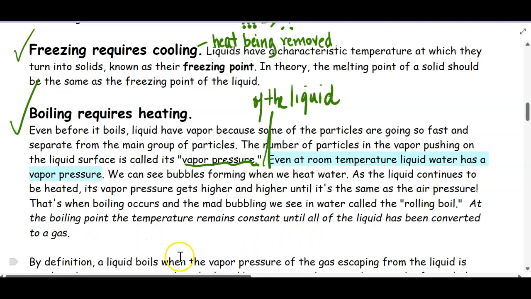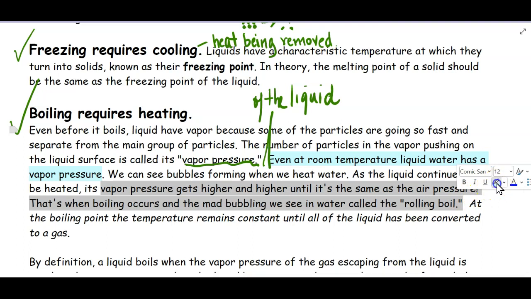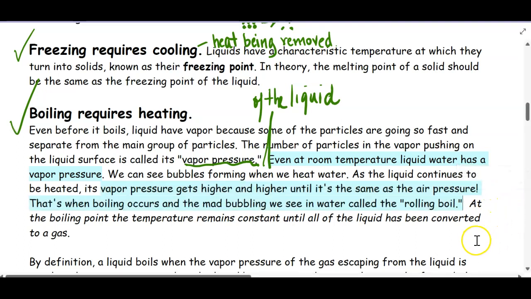So when the vapor pressure gets higher and higher and the same as the air pressure, that's when we see the rolling boil at the boiling point temperature. All right, so until then, the temperature's increased and we've gotten more and more vapor. But it isn't until we see the rolling boil of all those bubbles that we've reached the boiling point temperature.